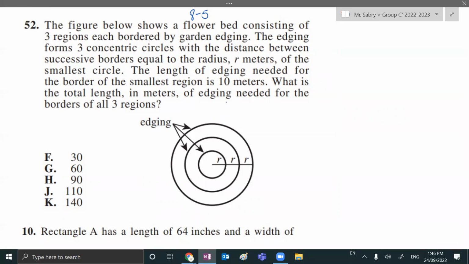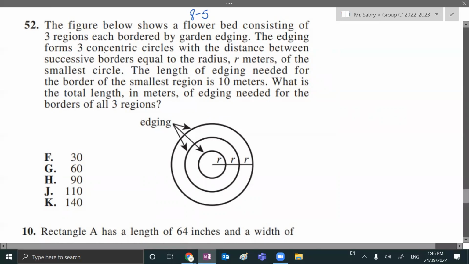It says here, the figure below shows a flower bed consisting of 3 regions, each bordered by garden edging. The edging forms 3 concentric circles. The word concentric means that they share the same center. So this smaller circle has the same center as the bigger one and as the biggest one.